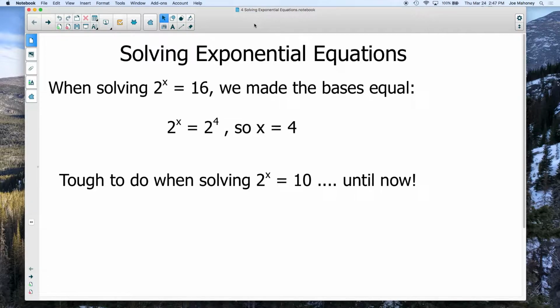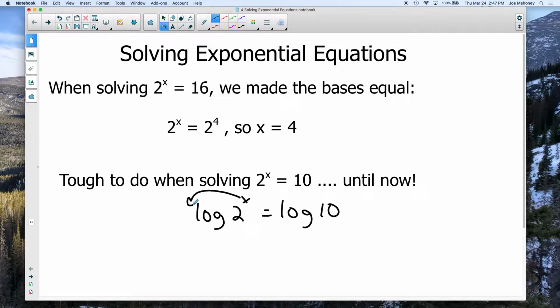So when we take the log of both sides, what we can then do is use our exponent property of logarithms and bring this down here, which changes an exponential like 2 to the x to now a linear equation.